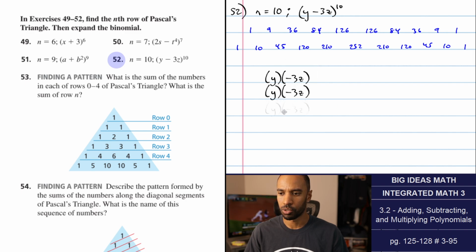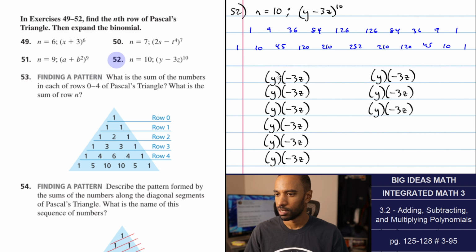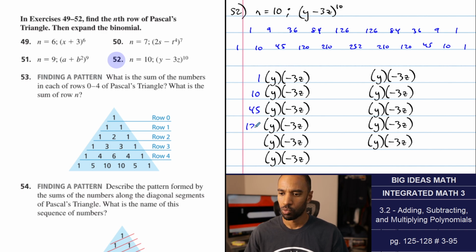So 1, 2, 3, 4, 5, I guess 6, and then 7, 8, 9, 10, 11. I liked it when it was an even number of terms, not an odd number. All right, my coefficients are 1, 10, 45, 120, 210, 252.